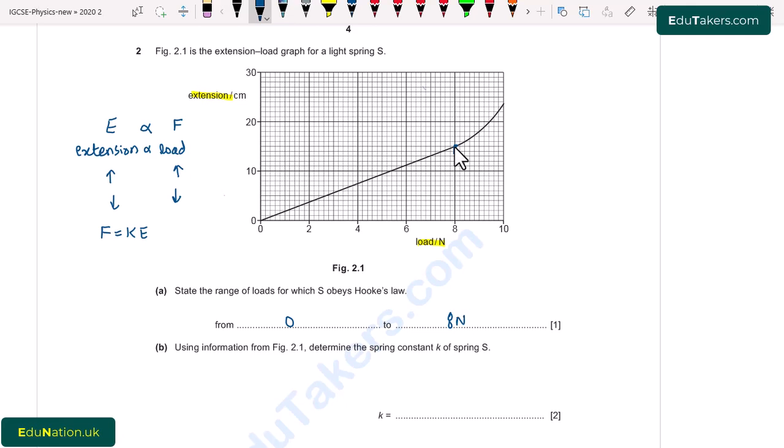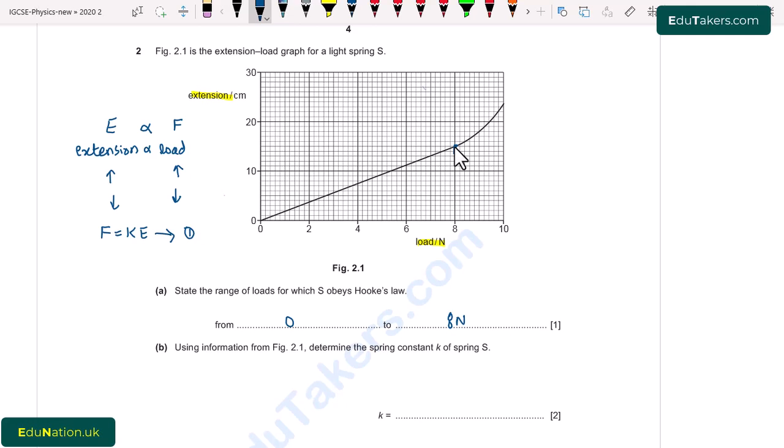Part B. Using the information from figure 2.1, determine the spring constant k of the spring S. So here we have to determine the spring constant, and using this formula F is equal to ke, I can find out the spring constant, as this formula is applicable for the straight line.